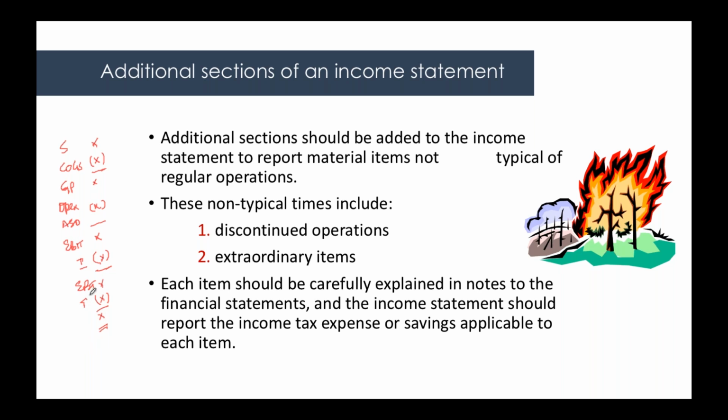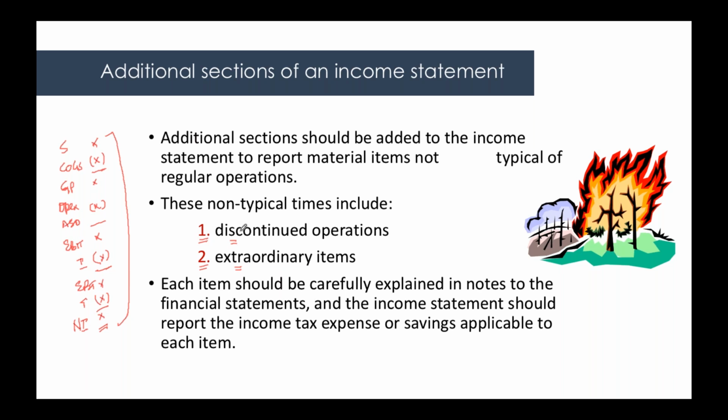Listen carefully. If this company has any discontinued operations during the year, and this company faced any extraordinary infrequent items, which do not happen every year, every period, we should not call it net income. Do not call it net income, because we still have two more points.